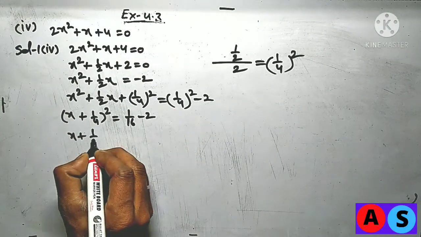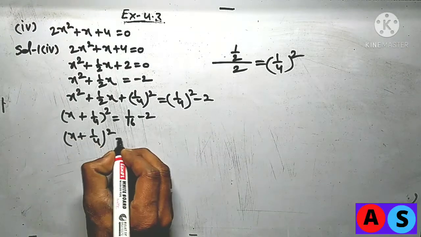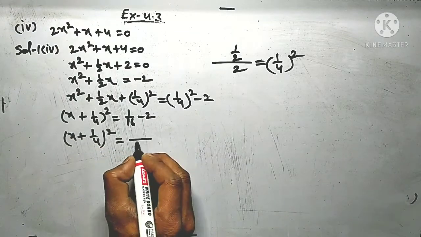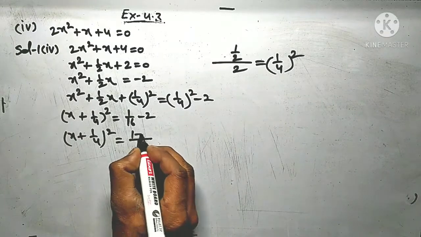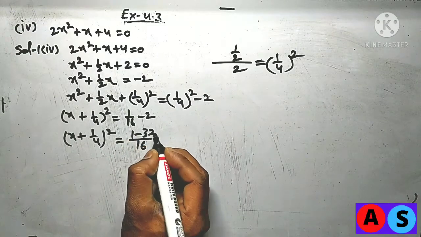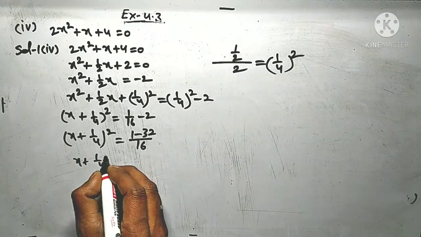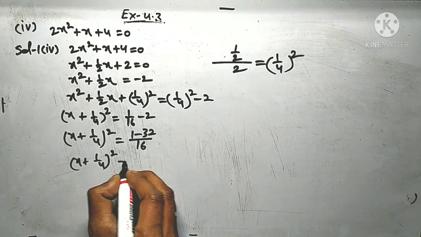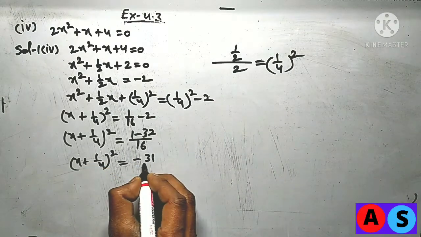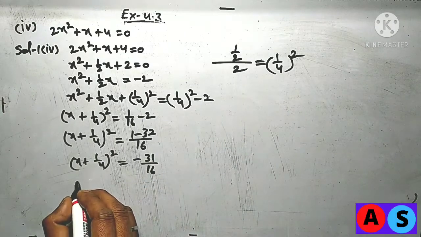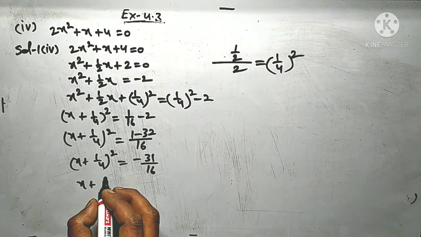x plus 1 over 4 whole square is equal to 1 minus 32 over 16, x plus 1 over 4 whole square is equal to minus 31 over 16.